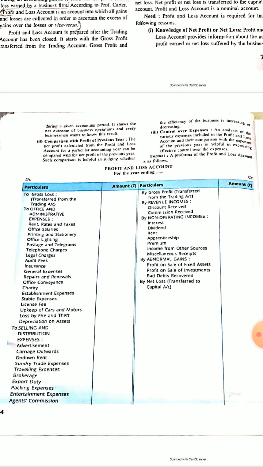Now see how the trading account works. When the closing stock is added to the sales, that means the closing stock is an asset and we are having it in our godowns. When we add closing stock to the sales, we get how much we have earned and how much we have in our godowns. At that time, we get the total goods produced in the period. Opening stock was already available at the start of the year, along with wages and purchases.